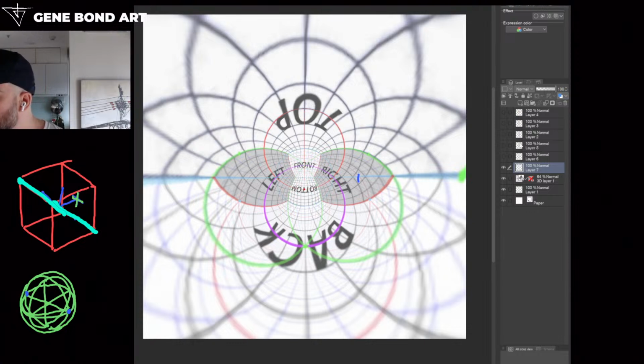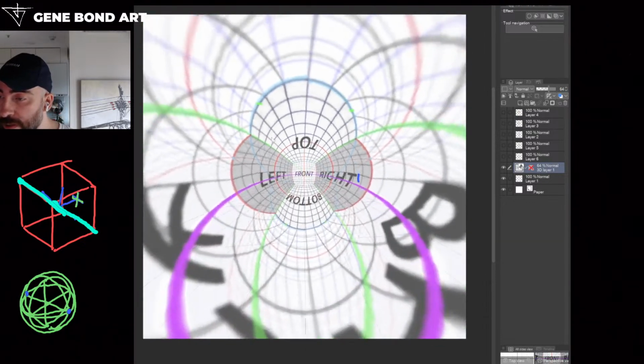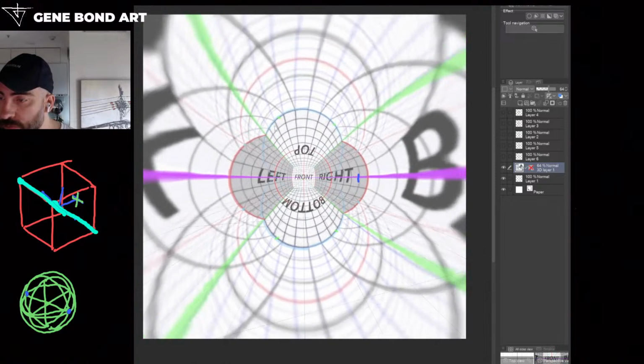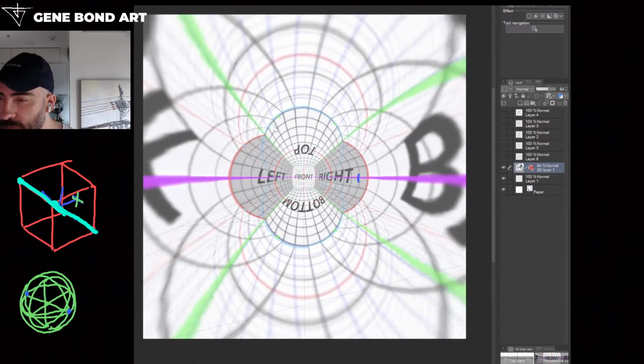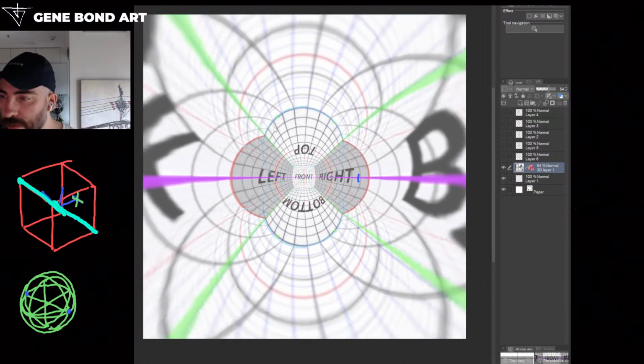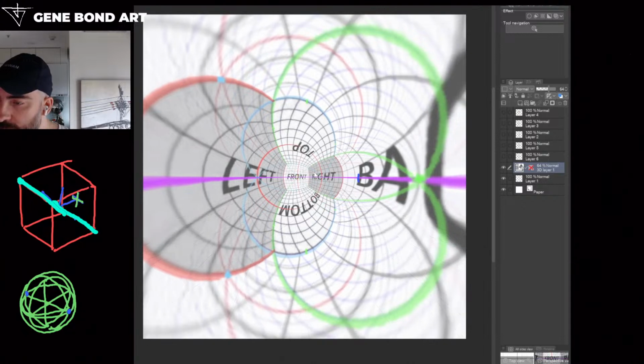So then let's just show you one more interesting thing. Let's go back again to front view. We have this cube looking like a 4-leaf flower, and now we rotate 45 degrees to the right.